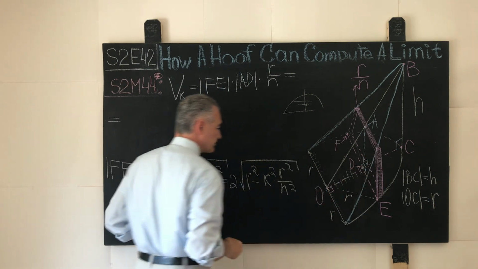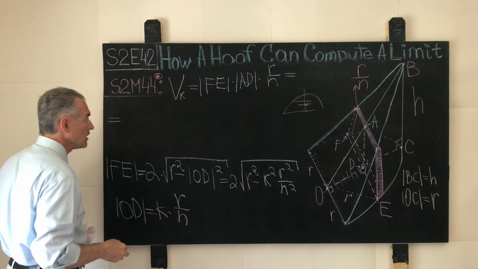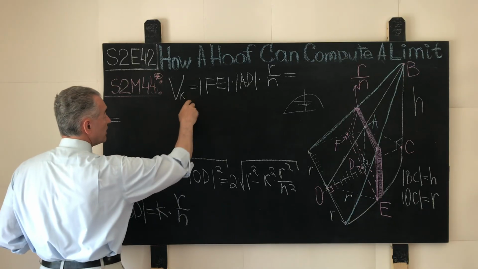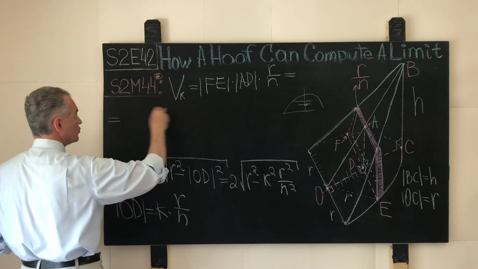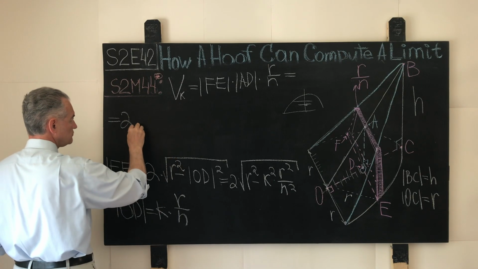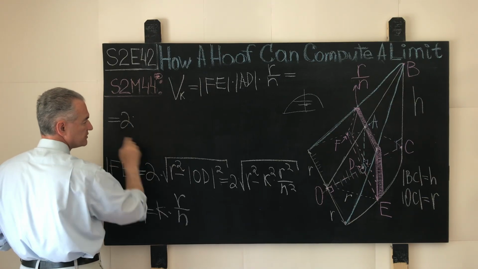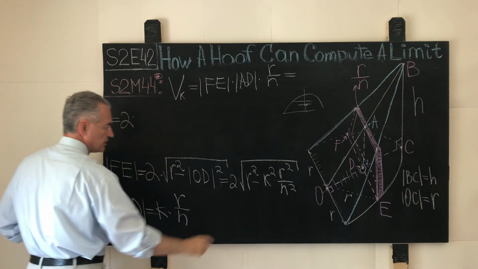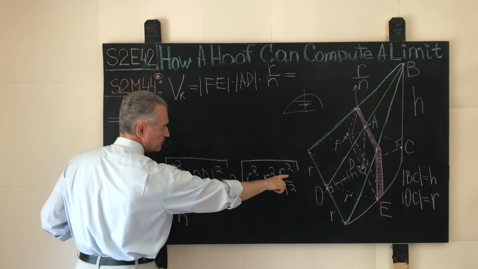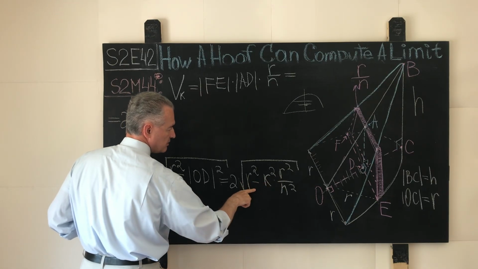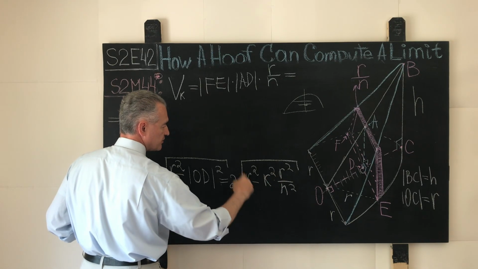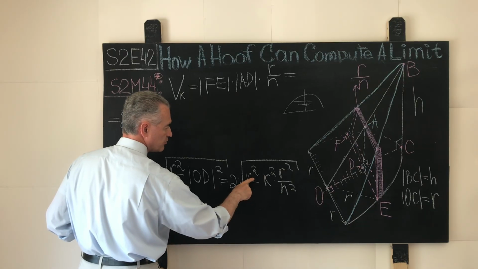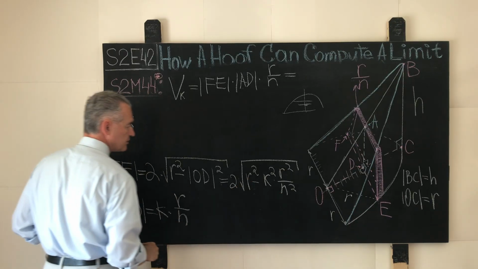So now for the volume of our hoof, we have 2 times, let's see, square root, R squared and R squared is the same term, we can factor it out. N squared we can put over here, take it from under the root.